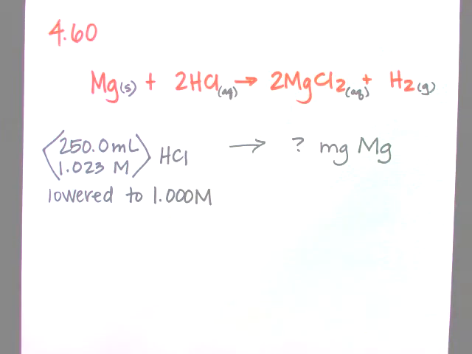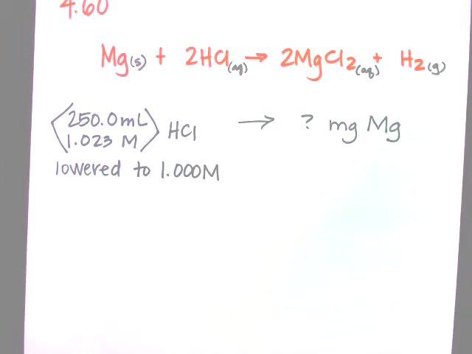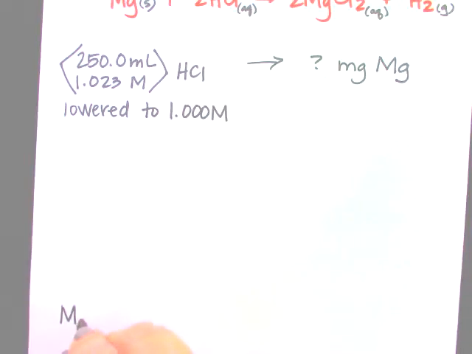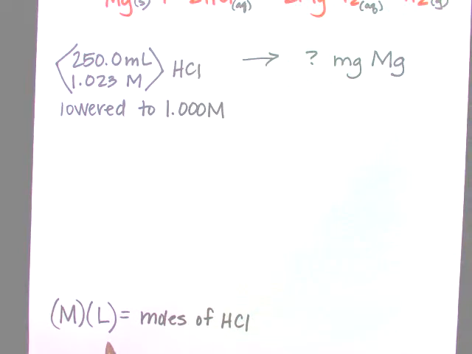So before we jump into this, let me just remind you that what's new in this problem is that we're going to have to use the definition of molarity. So if you know the molarity of the solution and you multiply its volume in liters, what you actually find are moles of the compound. And so in this case, we're going to find moles of HCl by doing just that calculation.